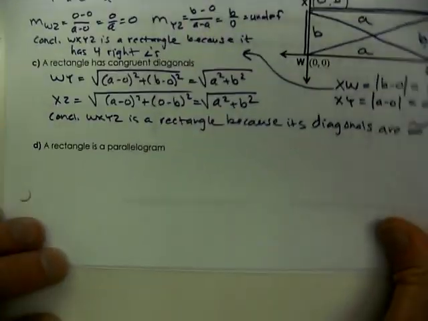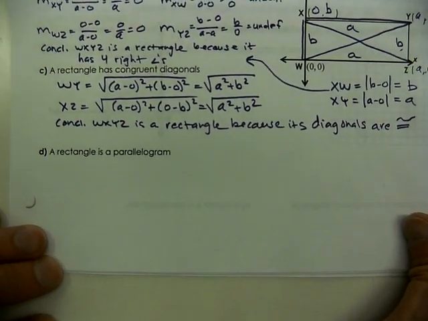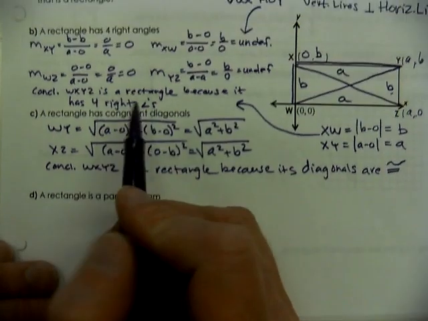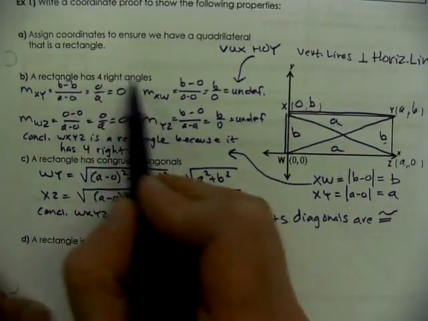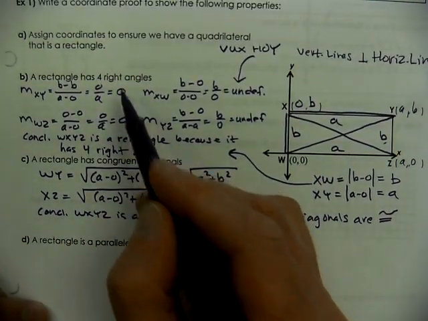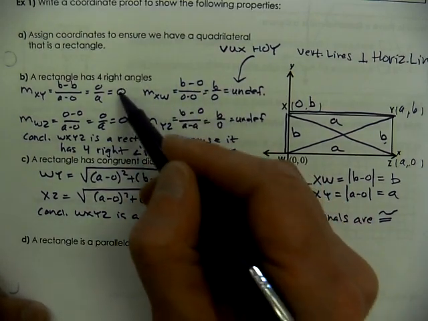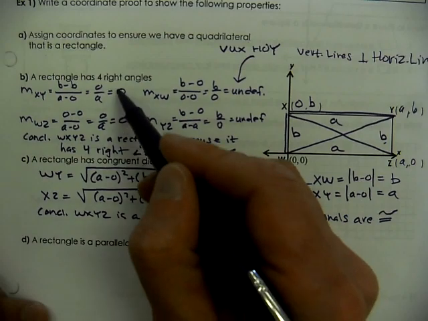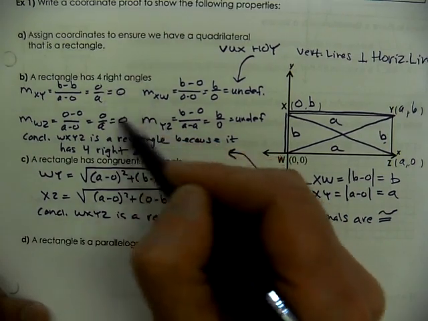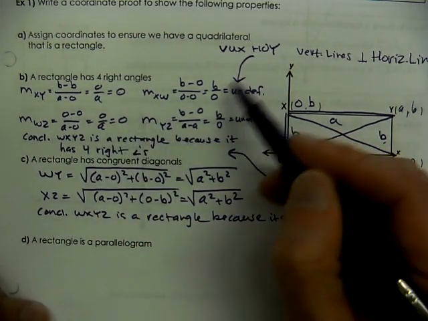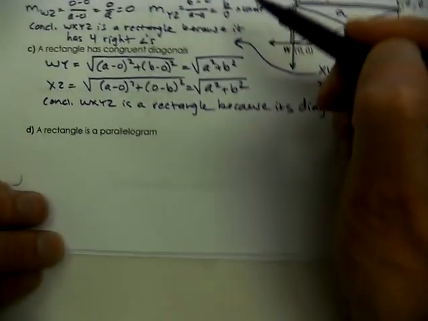All right, quick question: is a rectangle a parallelogram? Yes, you just have to look at the slopes, right? We don't have to calculate it all over again because we already did that. Look at your adjacent sides, these are your adjacent sides. These are your opposite sides, and the opposite sides have the same slope, so they are parallel. That's one pair of opposite sides parallel, and here is a second pair of opposite sides parallel.